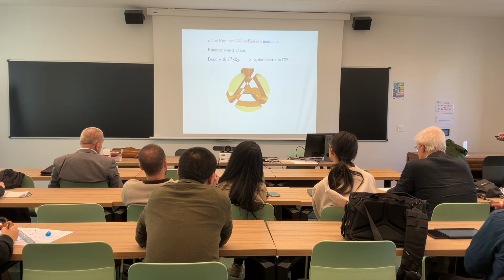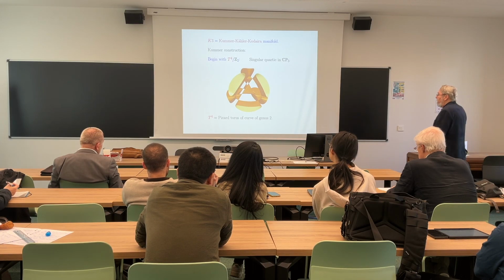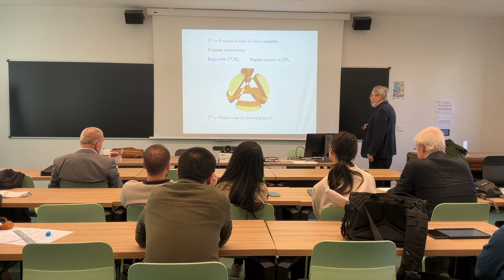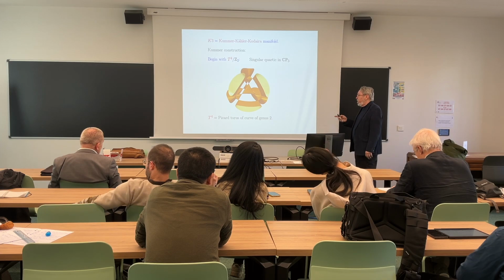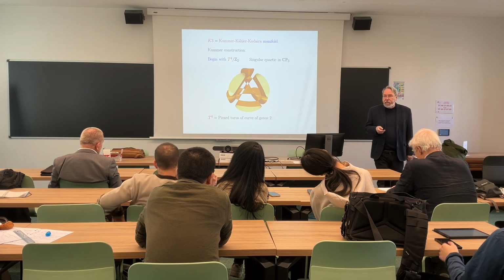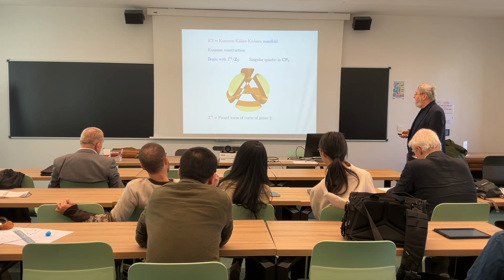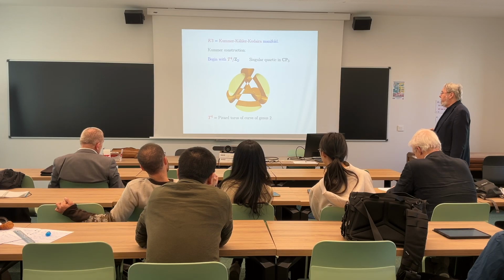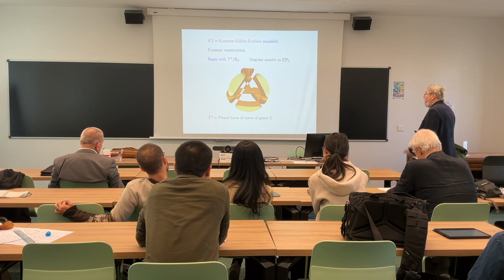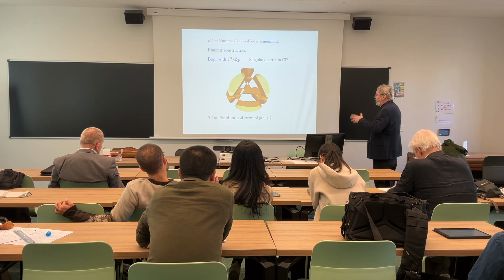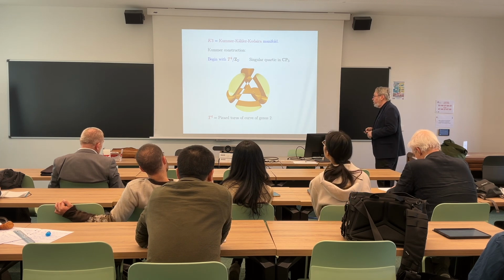Here's what such an example looks like. The model for the four-torus is that you take the Picard torus of a curve of genus 2, and even better, take the component consisting of divisors of degree 2, and then there's an action of Z2 on it, which is induced by the Weierstrass involution.